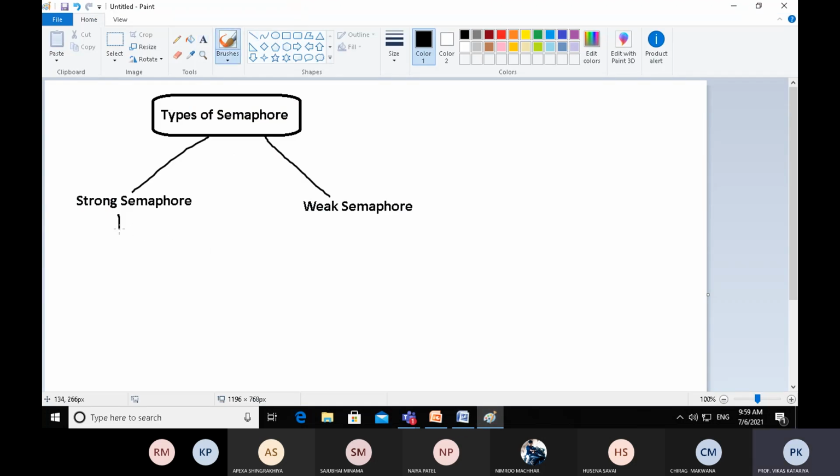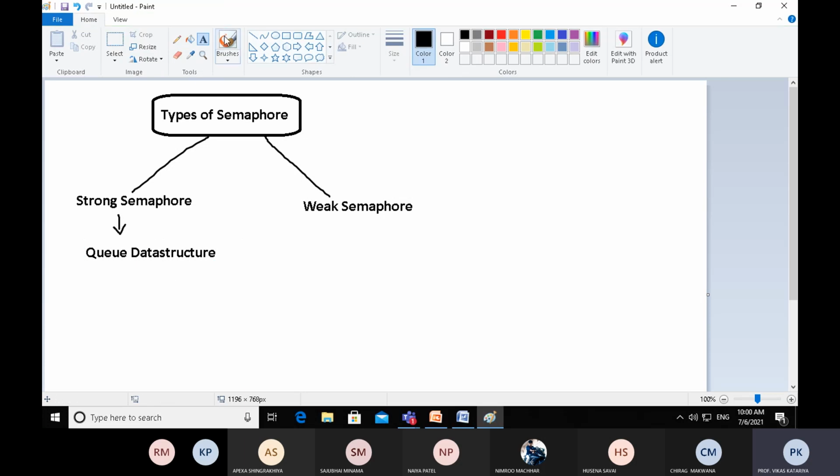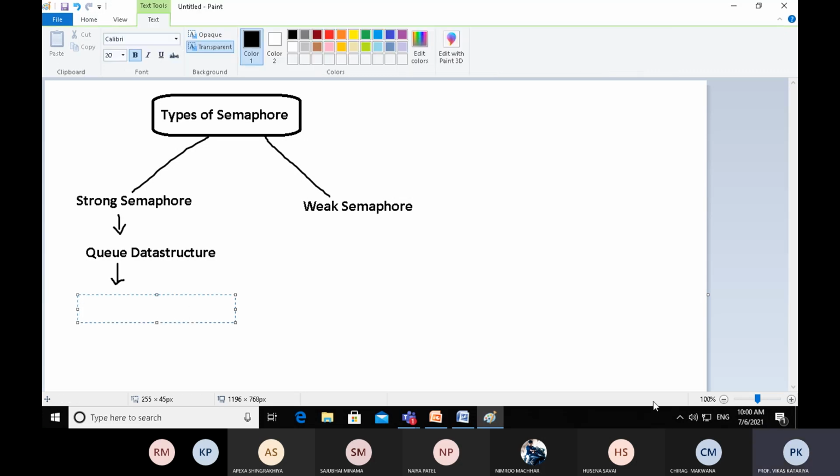So you have to remember, in a strong semaphore, there is a Q data structure. And why is it used? The Q data structure is used for holding processes waiting for the semaphore.